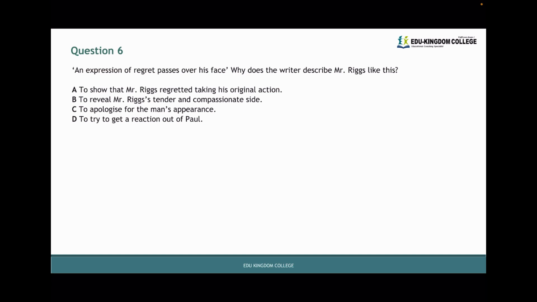It's basically, I would say, like guilt, right? So you didn't want to have chosen what you had, right? Knowing that definition, A would be the best option because A reflects regret the best. So the answer for question 6 would be A, to show that Mr. Riggs regretted taking his original action.